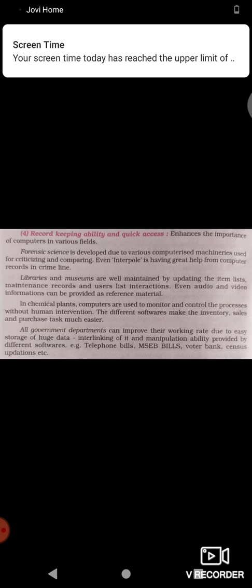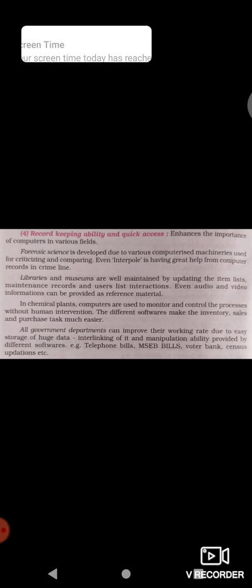If you store the data in a register, the chances of damage are more likely than in a computer application, because these application softwares provide us with a backup option. Whatever you write in the notebook or register, the backup option would be to write it again. Here, the benefit is that the backup happens automatically. That saves our time.